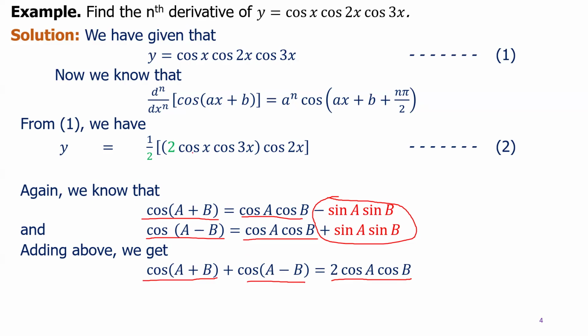Here we have 2 cos x cos 3x. In place of A, it is x, and in place of B, we have 3x.